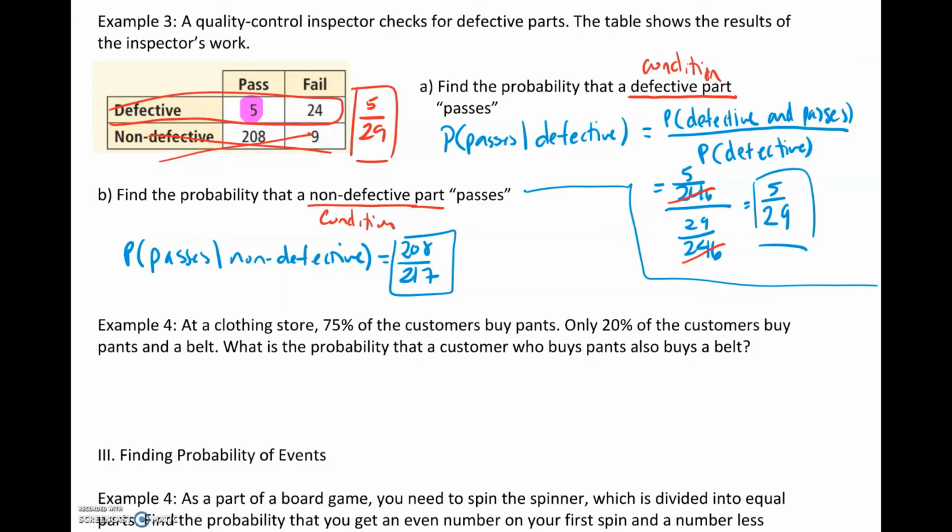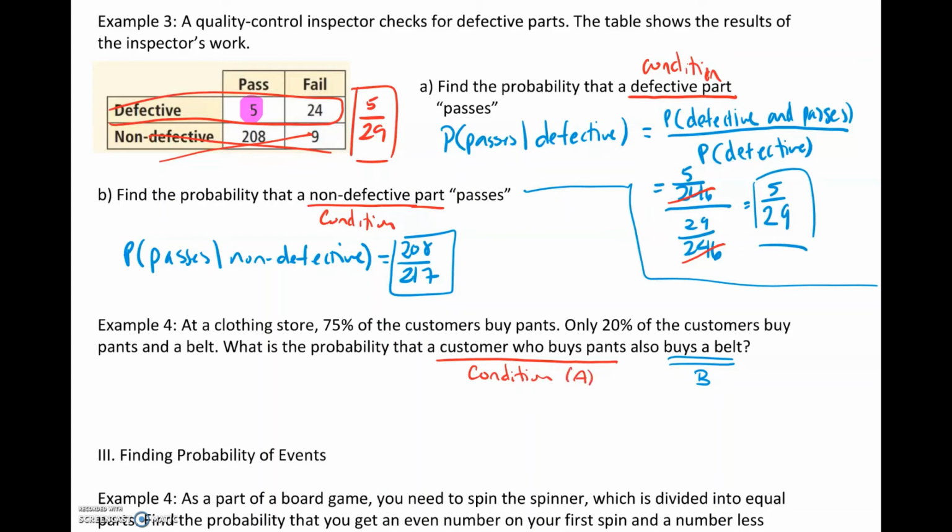We're asking about a customer who buys pants also buying a belt. This customer's already bought pants. There's my condition. And then we want to check, will they also buy a belt? I'm going to call that B. So we have that condition, which we called A, and we're looking for the probability of B given A.